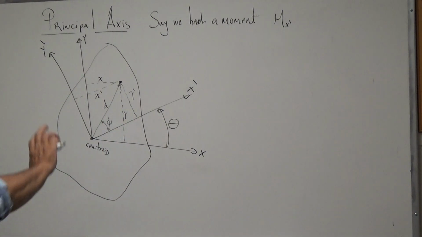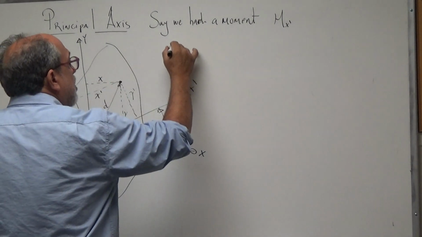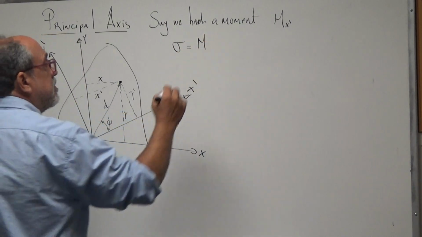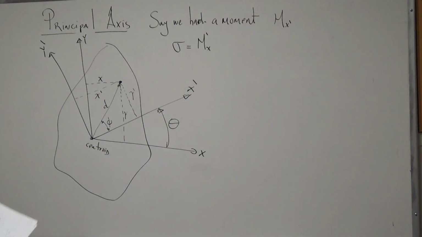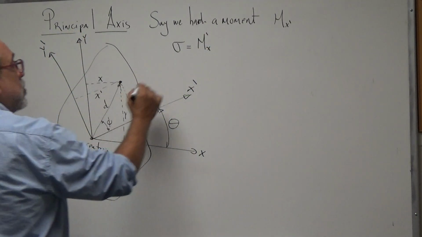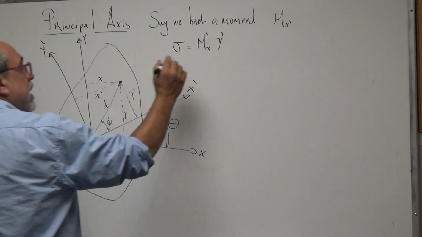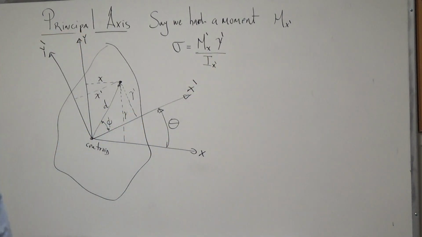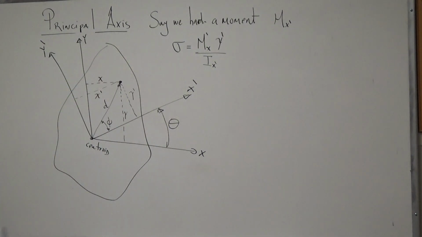Now the stress at this point, sigma, is equal to Mx prime multiplied by y prime, the distance, My, divided by Ix prime. That would be our simple formula, My over I, in which this is simply the principal axis and we just apply it in standard fashion.